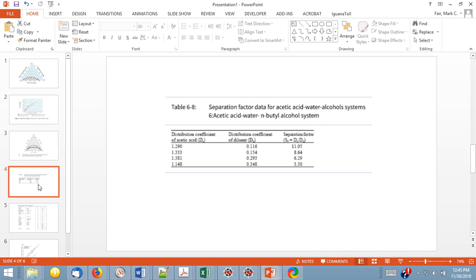Looks to me like their distribution coefficients, these are for the various tie lines, so they're concentration dependent. You have to refer back to it, but for the acetic acid, the distribution coefficient looks to be between 1.3 and 1.4 rather than 1.6.